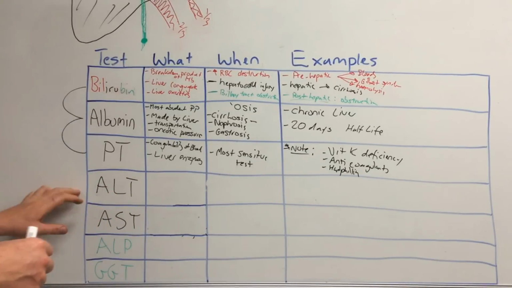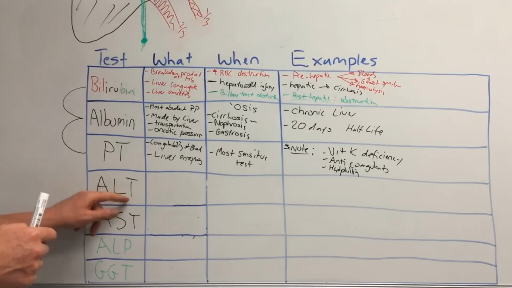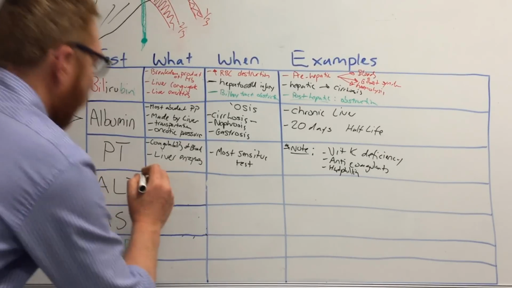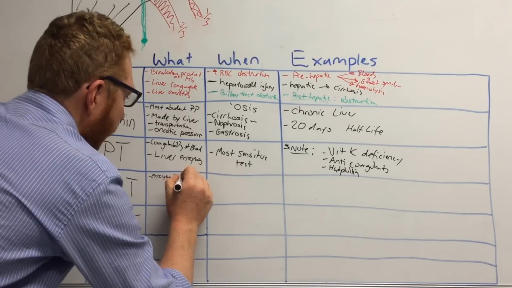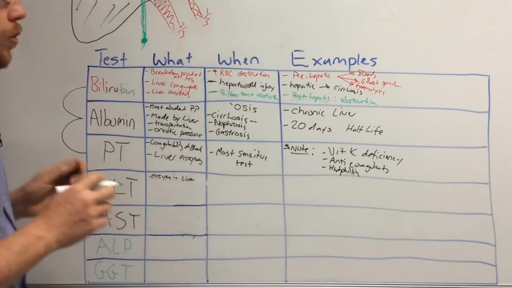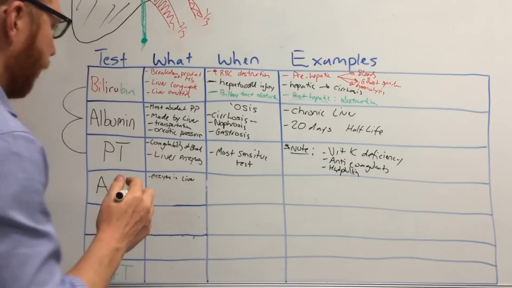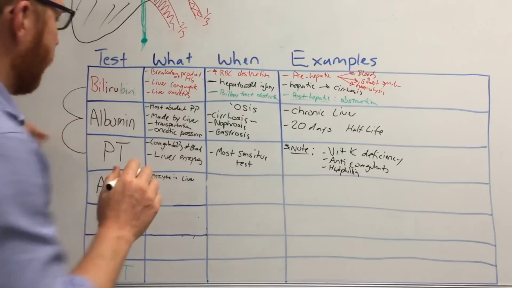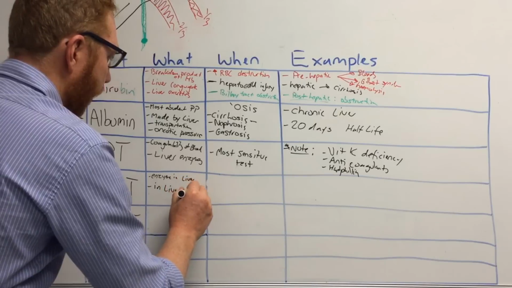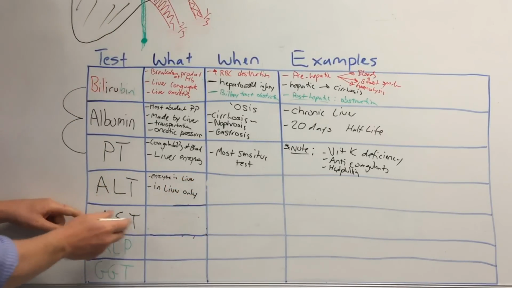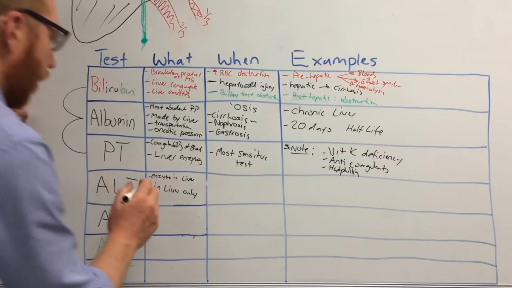So going now to these two enzymes within the liver, the ALT and the AST. ALT is alanine transferase, an enzyme within the liver, and it helps to add the amino group to amino acids in the Krebs cycle, and it is specific to the liver only. Now compare that to AST, which is aspartate transferase, so they're both transferase enzymes.